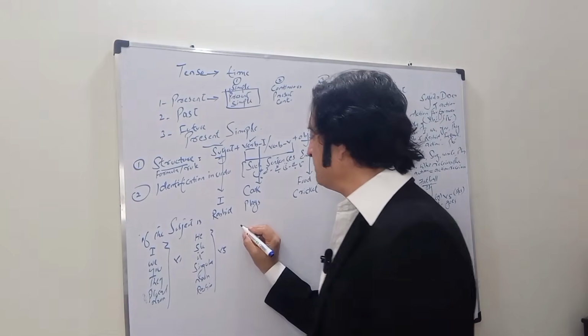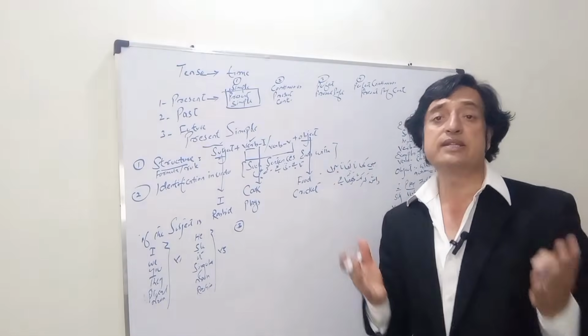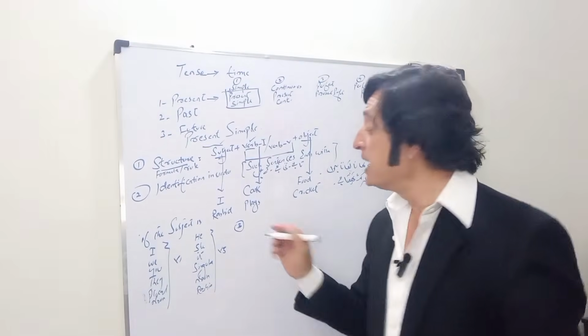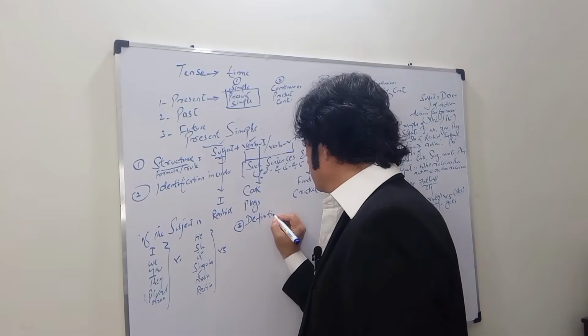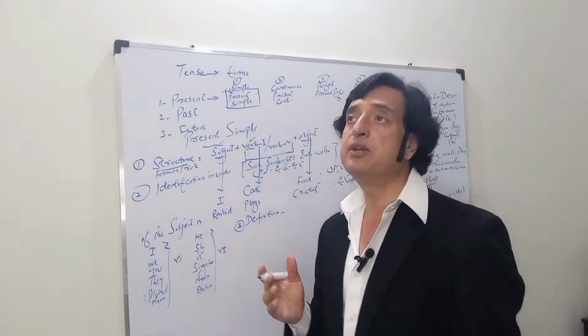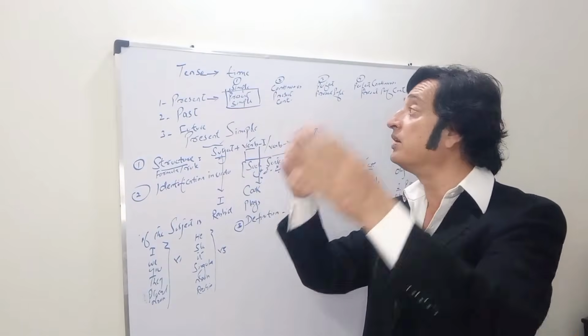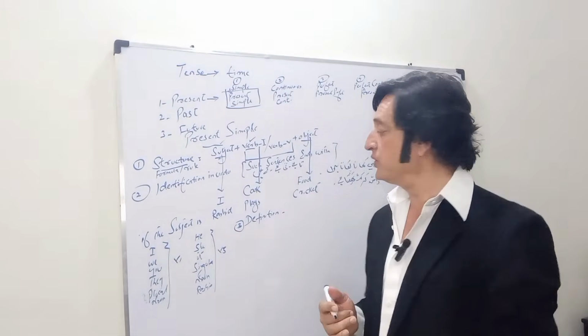The third thing which is very important is that you need to know where this tense is used. This is very important: the definition. This allows you to understand whether this tense belongs to the present simple, present continuous, past simple, or future simple.